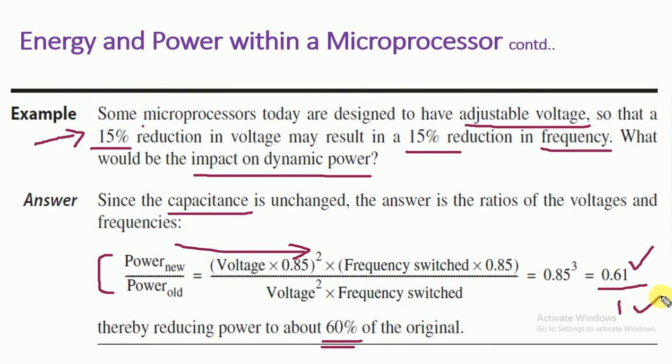Only 60% of power is utilized by the new system compared to the old system that uses the entire 100% of power. So if you have a processor with adjustable voltage, and the voltage is reduced, automatically the frequency will also be reduced.